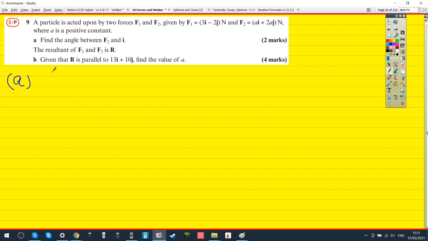I'm not entirely sure what F2 looks like yet. So you want the angle between F2 and I. So let's just say F2 is like that. That's A, that's 2A. And so the magnitude is the square root of a squared plus 2a squared, but it doesn't matter.